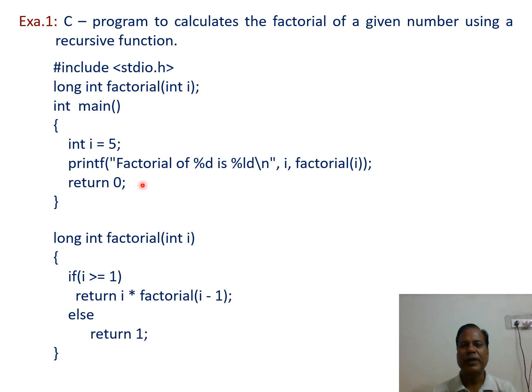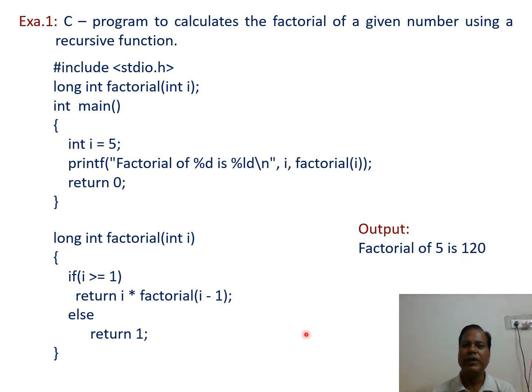So in this way, by calling the factorial function again and again, that is called the recursive process, the factorial of 5 is calculated. And when this program is run, we get the output: factorial of 5 is 120.